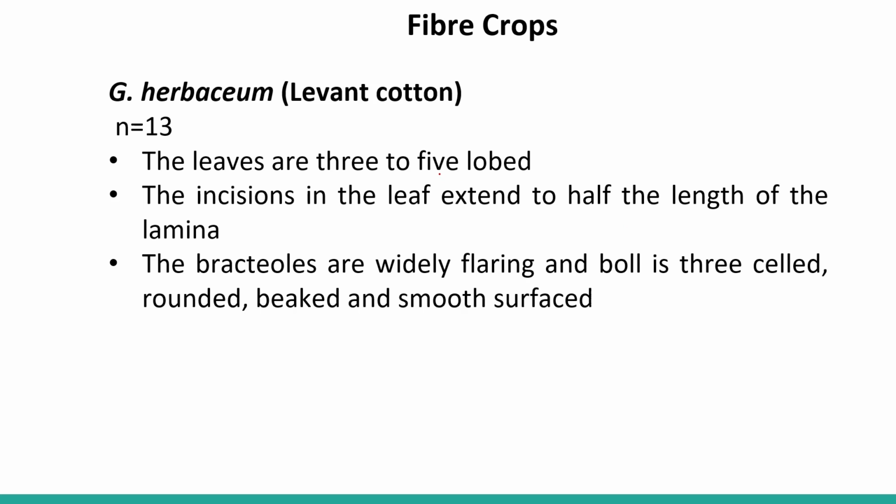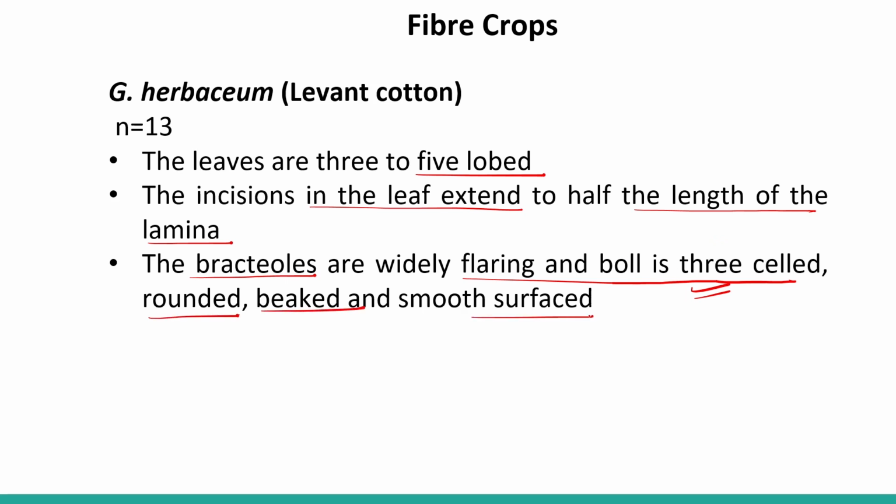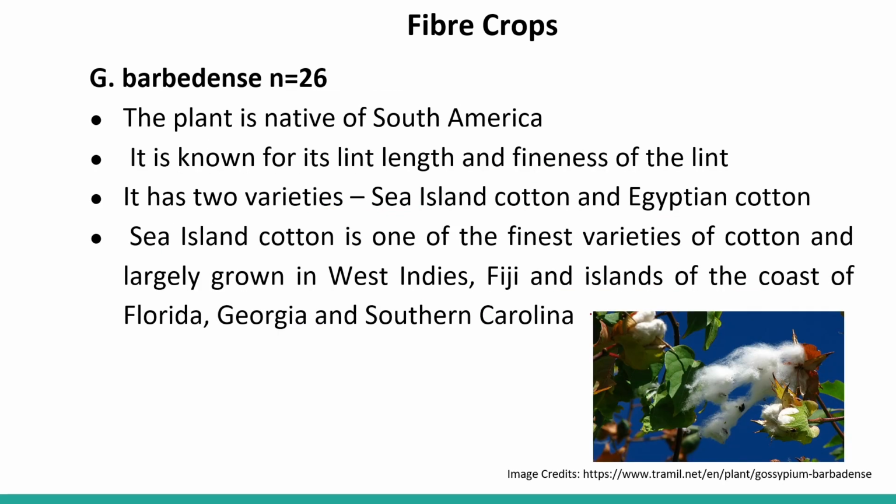The leaves are 3 to 5 lobed. The incisions in the leaf extend to half of the length of the lamina, and the bracteoles are widely flaring. The boll is 3-celled, rounded, beaked and with a smooth surface.